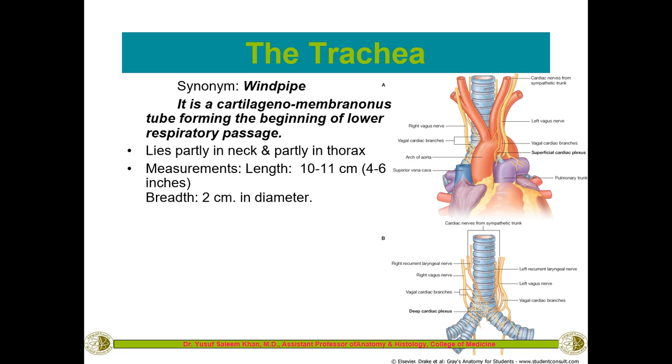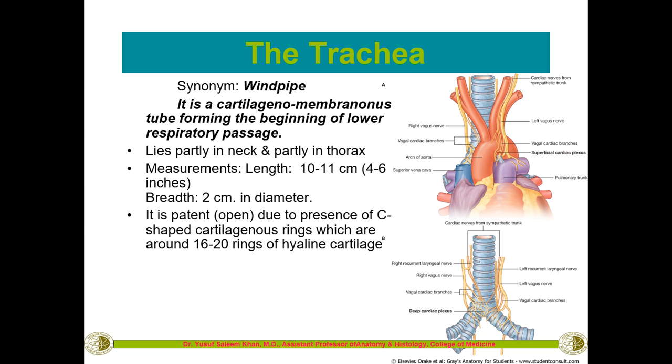The length of this trachea is almost 10 to 12 centimeters, which is almost 4 to 6 inches, and the breadth is almost 2 centimeters in diameter. It is always open, that is, it is patent due to the presence of C-shaped cartilaginous rings. These are the tracheal rings, also called the cartilaginous rings.